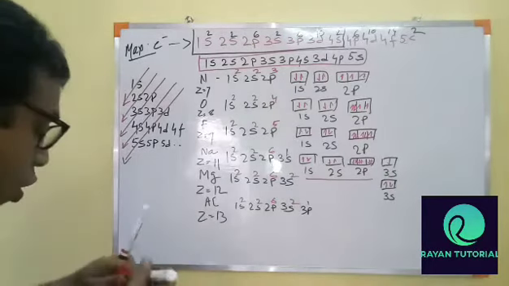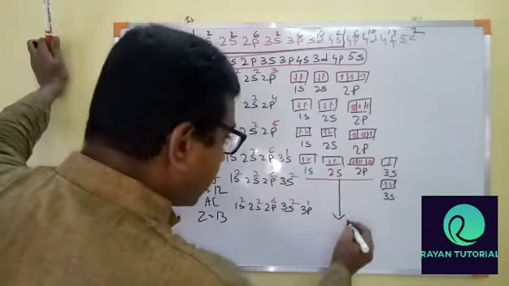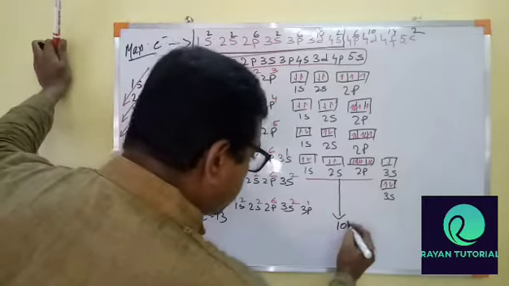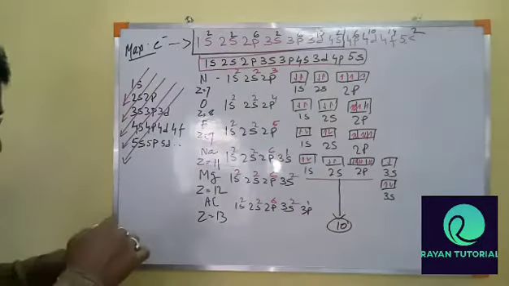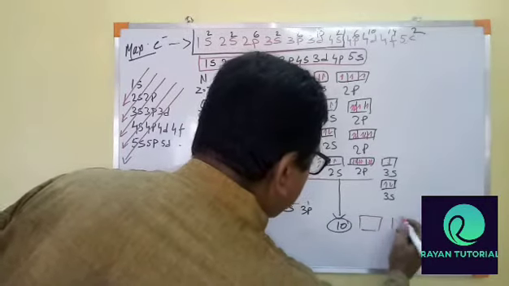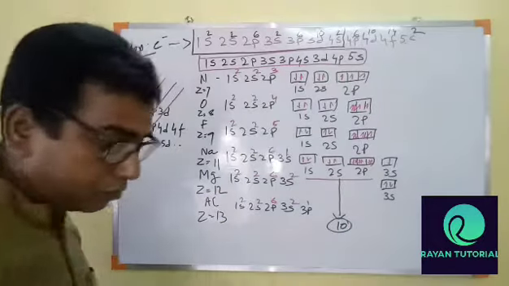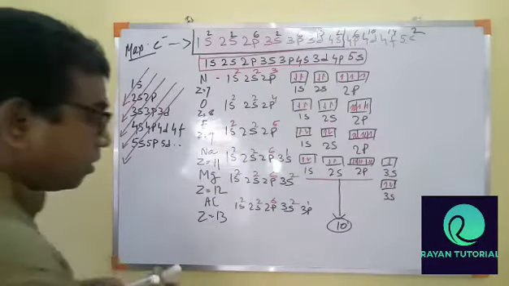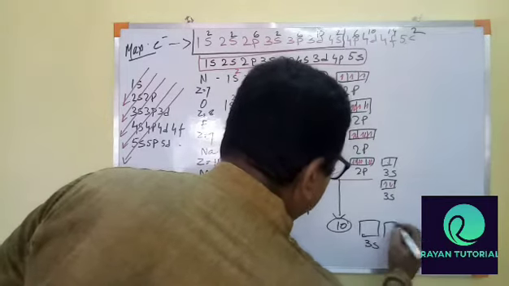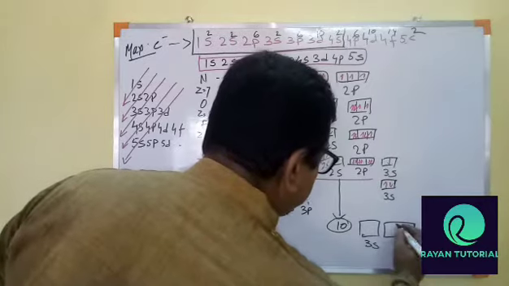Got it? Now, here you see, up to this, that is 2, 2, 4 and 6, 10 electrons. Now this is my 3s and this is my 3p. Okay.